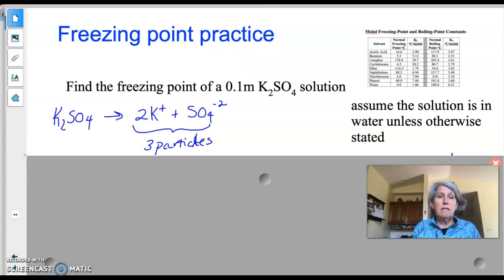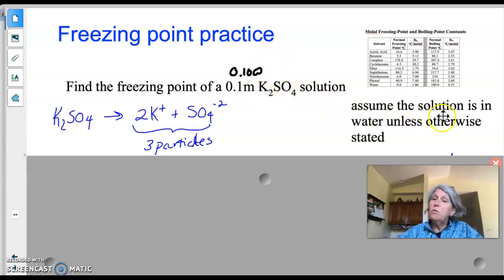So let's make that here. We're going to make this 0.100 molal solution. There we go. Okay, and the solution is potassium sulfate.